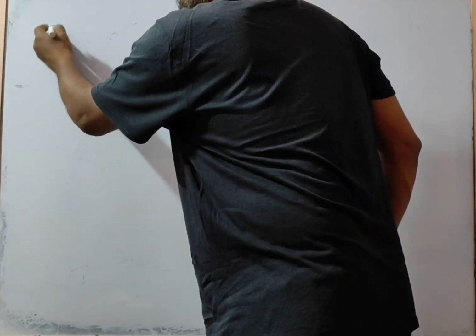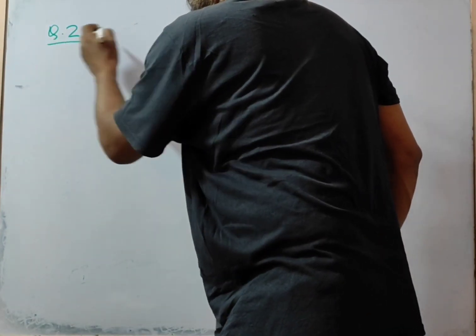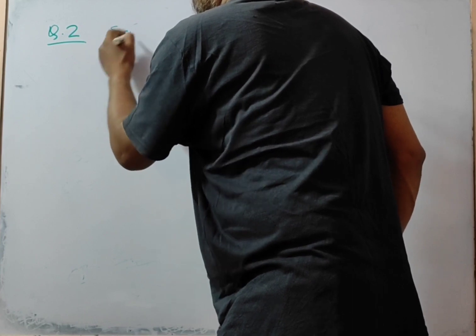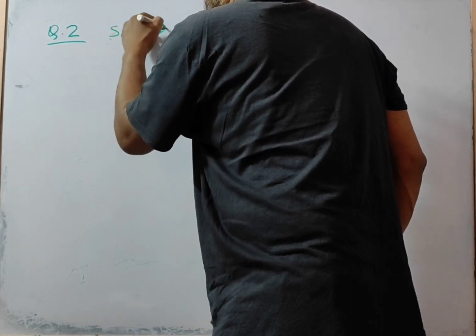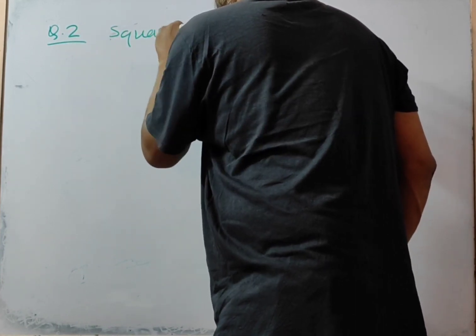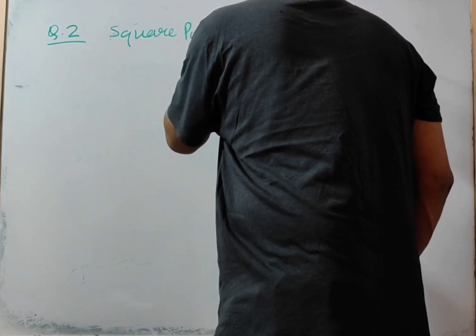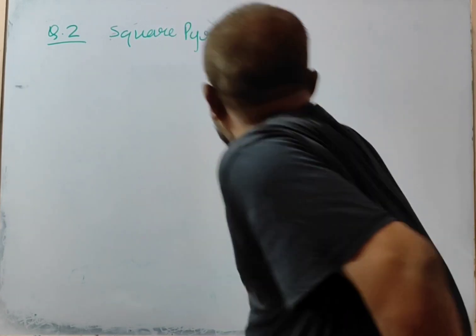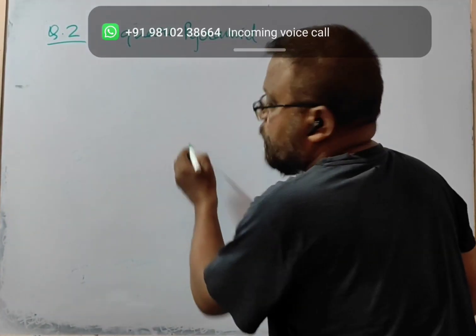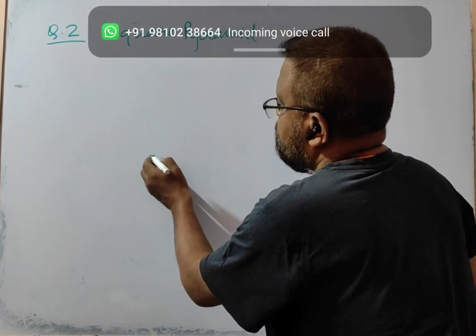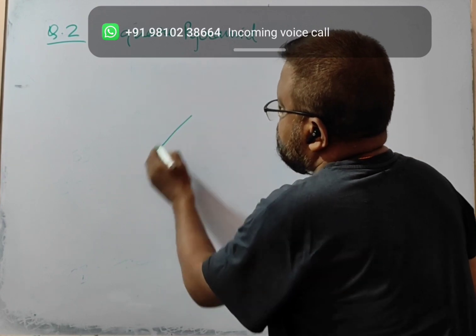There is a square pyramid, right? So question number 2 you have is having a square pyramid, and a square pyramid is like this.